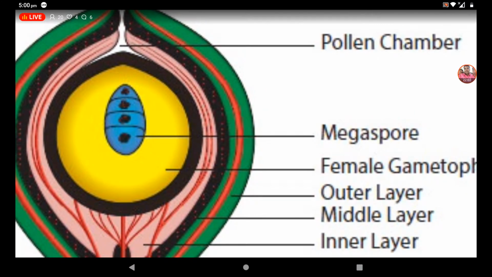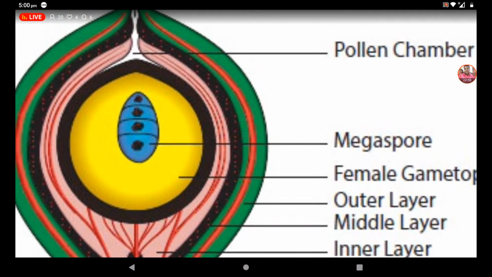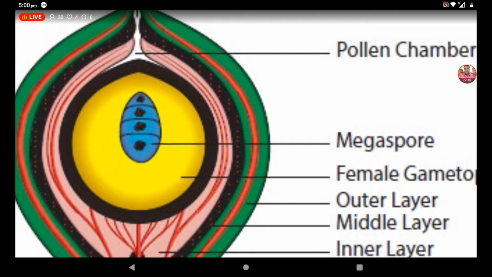That megaspore, due to reductional, meiotic division, becomes a haploid archegonium. So each ovule consists of two to many archegonia.